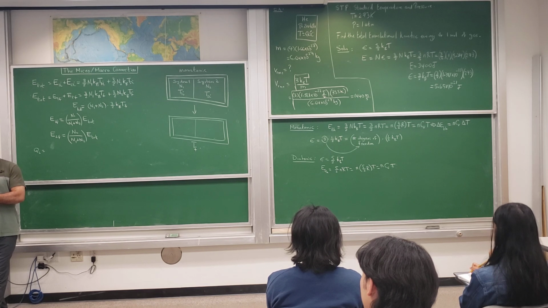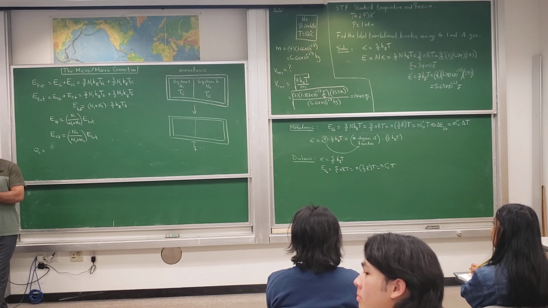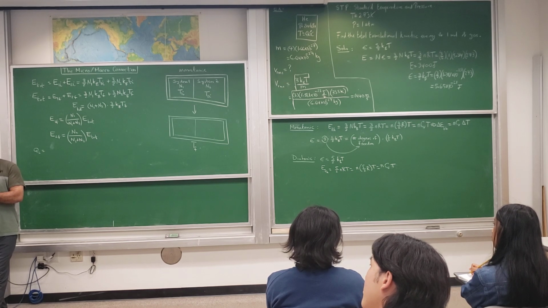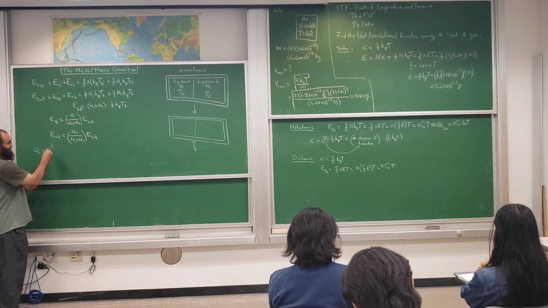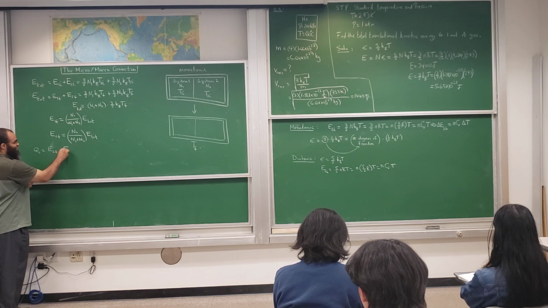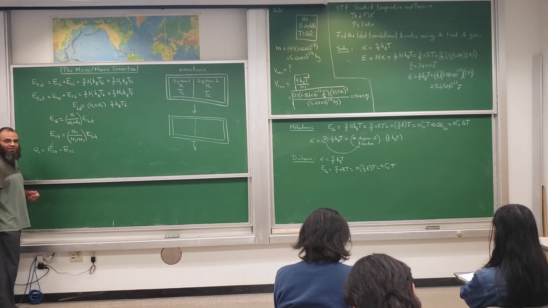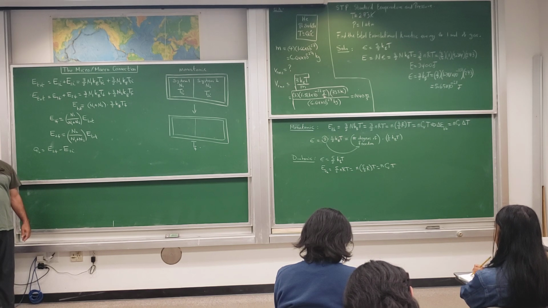The change in thermal energy equals heat plus work. And how much is the work done? 0. So it's just the thermal energy. It's the change in thermal energy with the heat. So it's going to be E2, the thermal energy at the end, minus the thermal energy at the beginning. Yes, it's a change in thermal energy. That's the heat it lost.